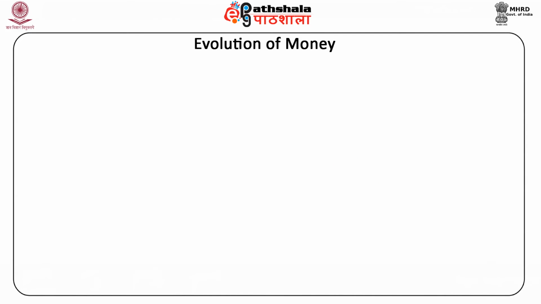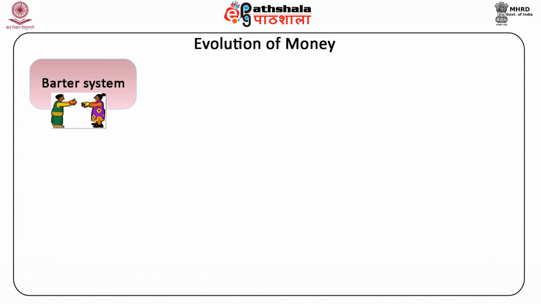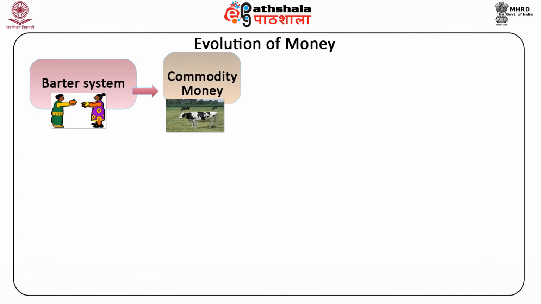Now, we will discuss the evolution of money. We all know that initially we had the barter system. To solve the problems of barter system, societies soon evolved a common medium of exchange which was in the form of a commodity like cattle, rice, shells, etc. The problems of portability, durability, divisibility, etc. led to the use of metals like gold or silver for exchange.